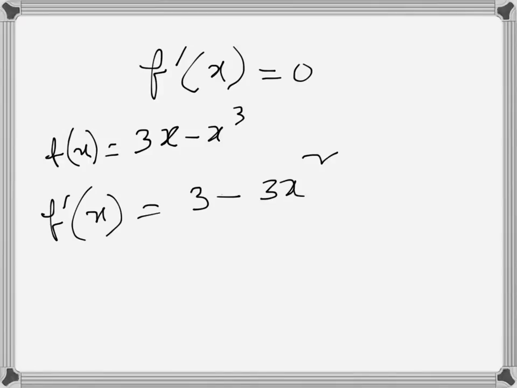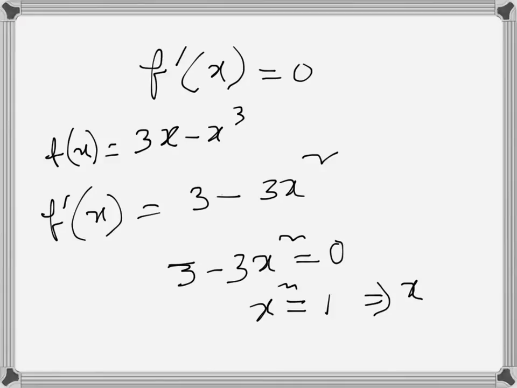If we equate it to 0, 3 minus 3x square equals 0, so x square is equal to 1. So x is equal to plus minus 1. These are 2 points which probably are maxima and minima, which are stationary points.